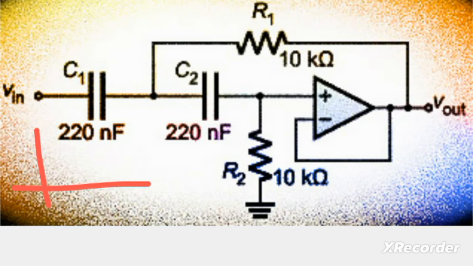The plot would be like this. This is the gain, that is the ratio of output divided by input, and on the x-axis we have frequency, so the frequency response will look like this.